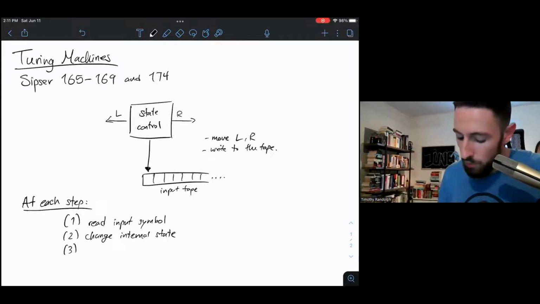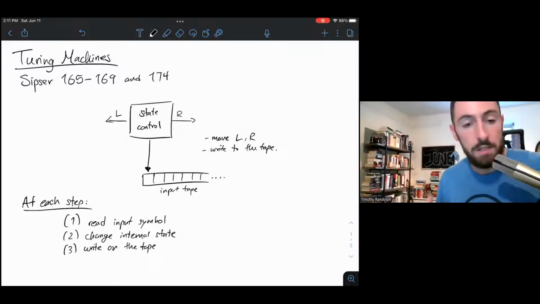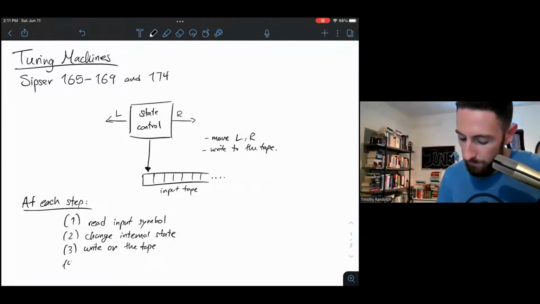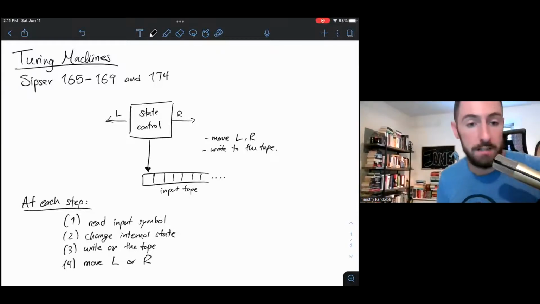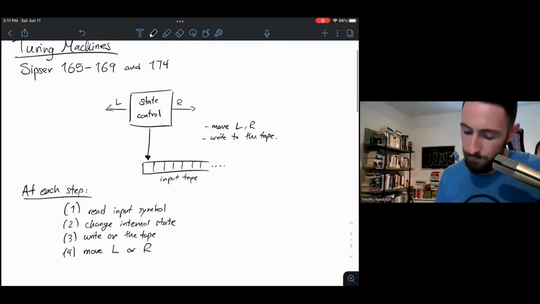And then it can do two new things. It can write on the tape a new symbol in the box that it's looking at, and it can move one square left or one square right. So that's all it takes to give our Turing machines the ability to do everything our modern computers can do.